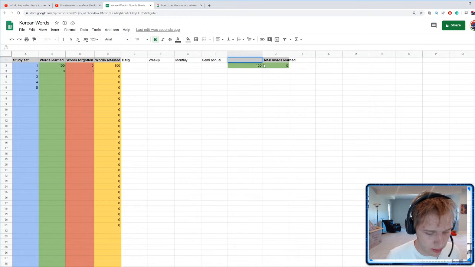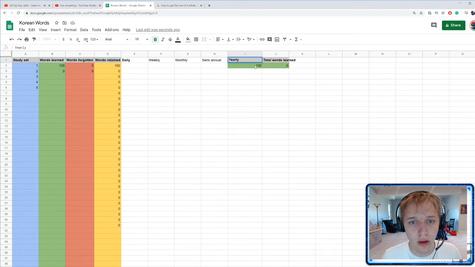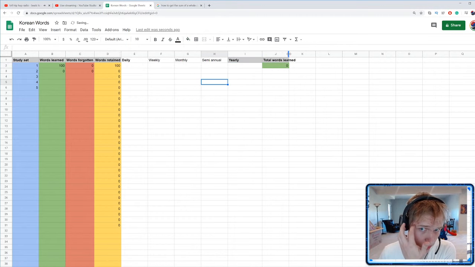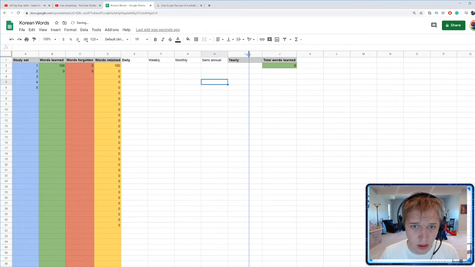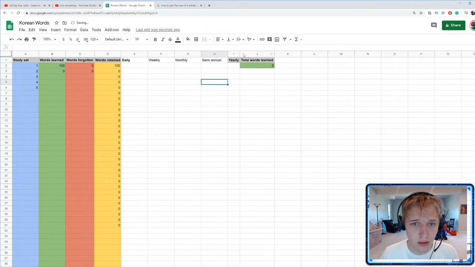If I put here yearly, and get rid of this, change the fill color back, click on that, adjust that back to whatever size.